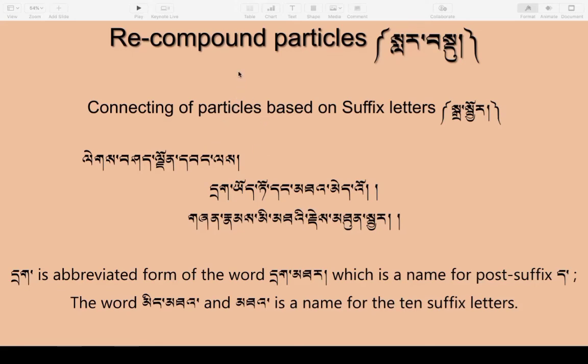So currently I'm just talking about the assignment that we had yesterday of lesson 2, not the assignment that you're going to have for today's lesson. So it's the first assignment that I gave you yesterday. Write the 30 foundations of names. Ka, kha, ga, nga, cha, chha, ja, nya, ta, tha, da, na, pa, pha, ba, ma, tsa, tsha, dza, wa, zha, za, 'a, ya, ra, la, sha, sa, ha, a.